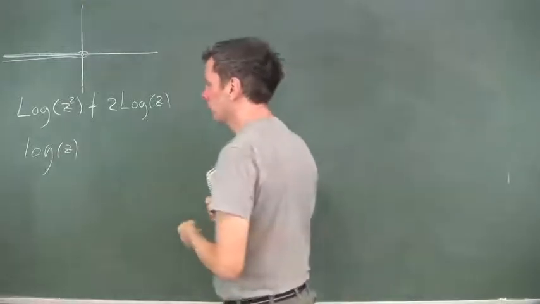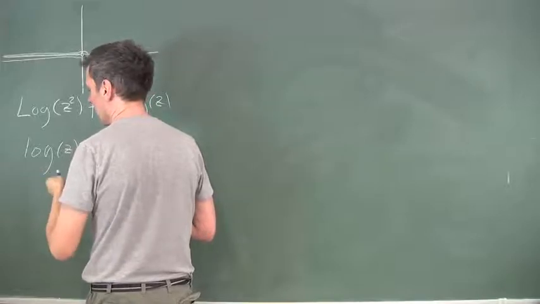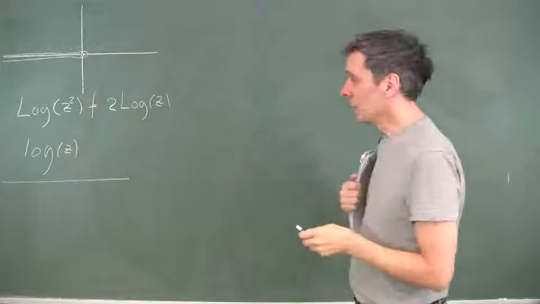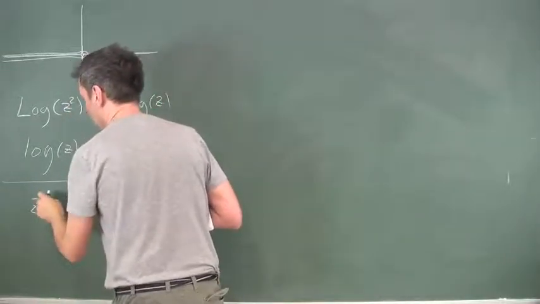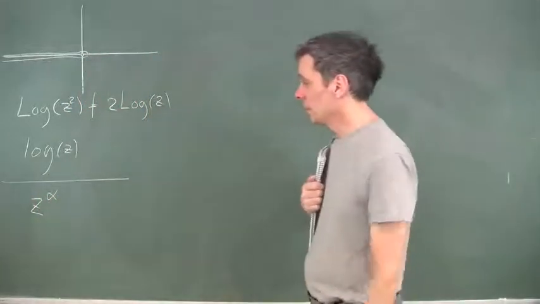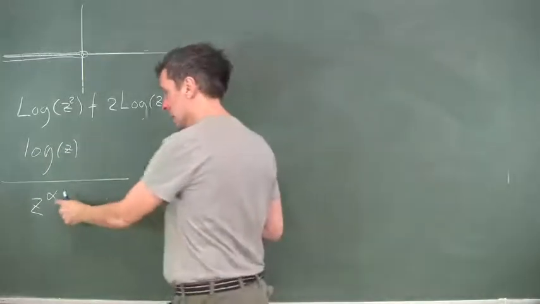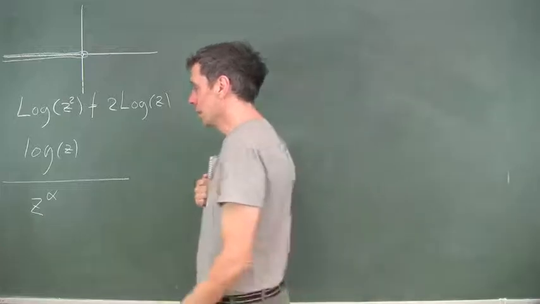The logarithm function is important for many things. One of the immediate things that we'll need it for is that we also want to define complex powers like this, z to the power alpha. If alpha is an integer, of course, there's no problem about this.